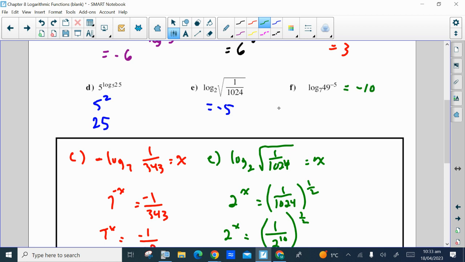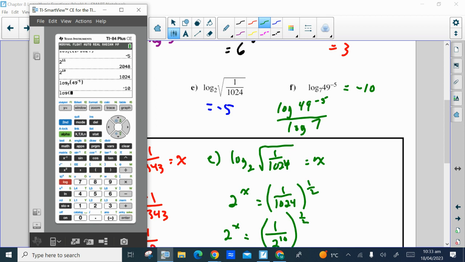Using the change of base identity, it would be log of 49 to the -5 over log 7. So again, by using the change of base identity, we would write it with a base of 10, so we can use our log button on our calculator.